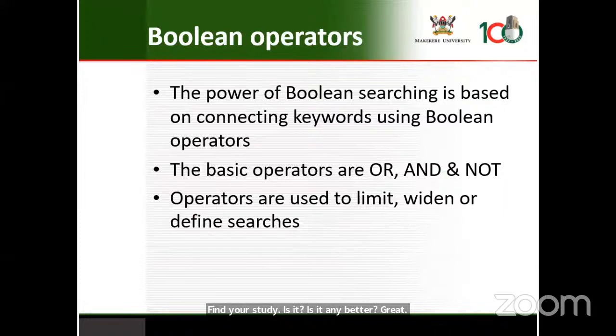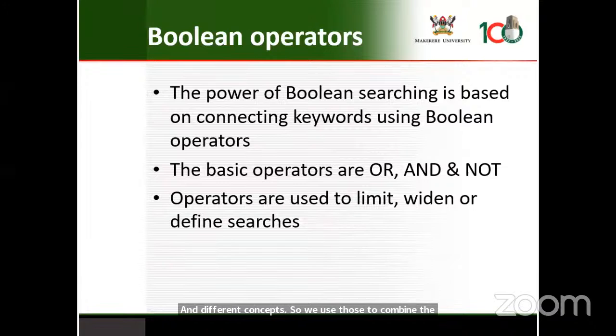So the third technique is called Boolean operators. These help us to combine different keywords, different search terms, different MeSH terms, medical subject heading terms, and different concepts. So we use those to combine the terms to develop a search strategy.